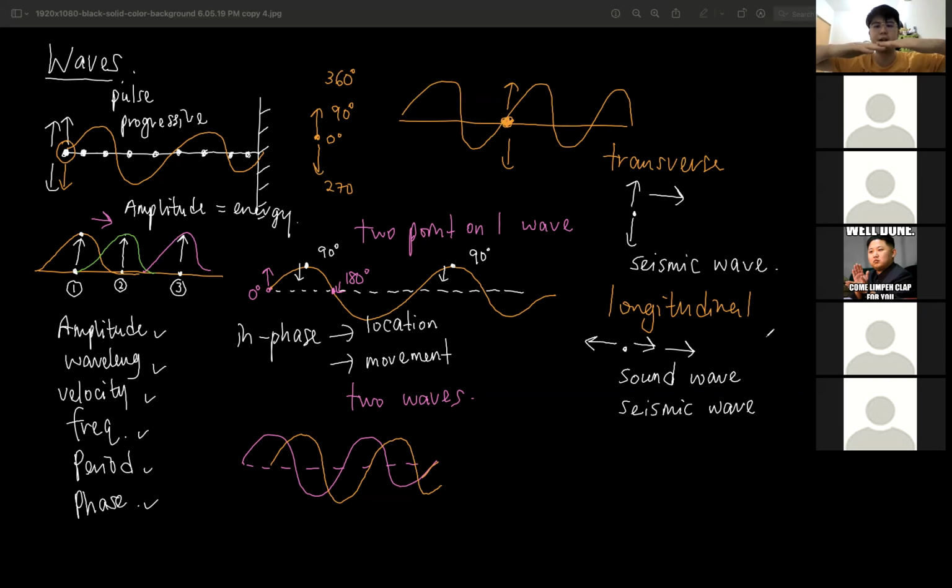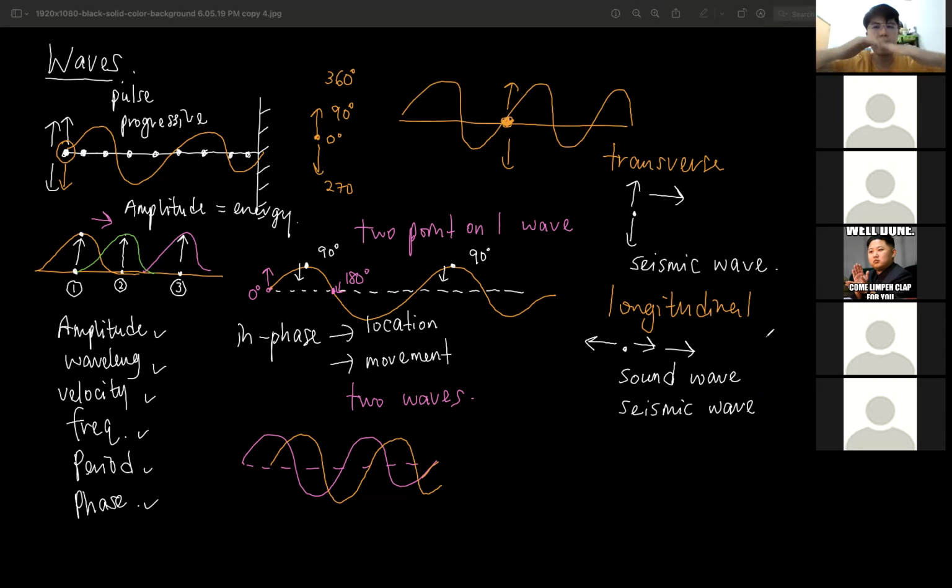Okay, this is the surface of the earth. Longitudinal is like this: here it pushes in this direction, to the right, and then this pushes it to the right like this. Transverse is like this, along the surface of the earth.